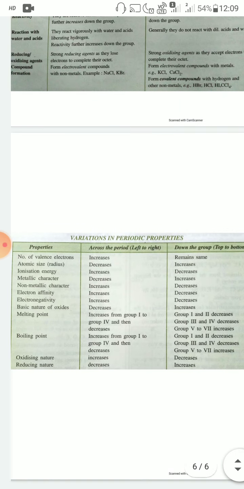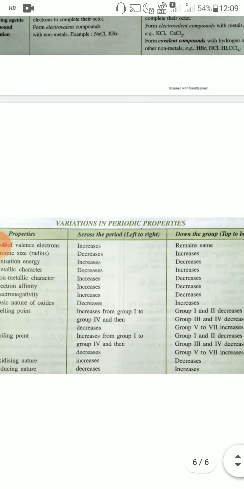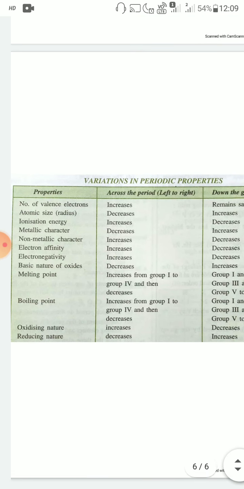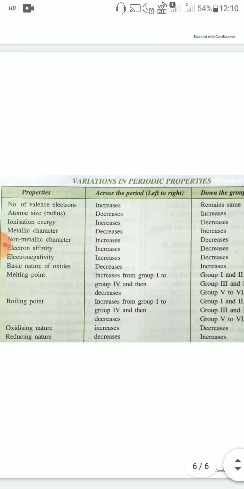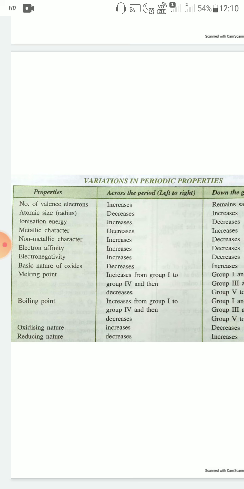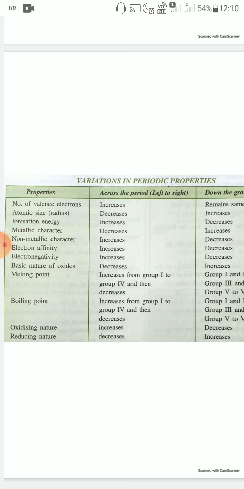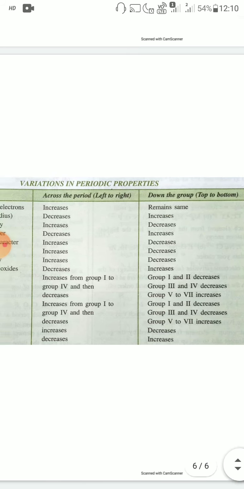And last, some physical properties. I have already told the periodic properties and how they vary along a period and along a group. Now this is a summary of the variation. Number of valence electrons across the period first increases, then decreases, but down the group remains the same.